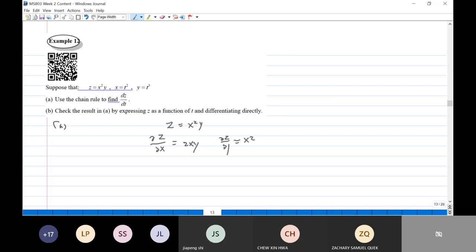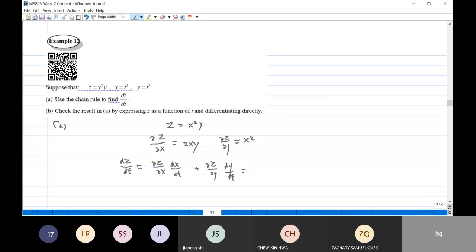If x and y depend on time, then dz/dt is equal to the partial derivative with respect to x times dx/dt, plus the partial derivative with respect to y times dy/dt. This is the usual simple version of the chain rule.